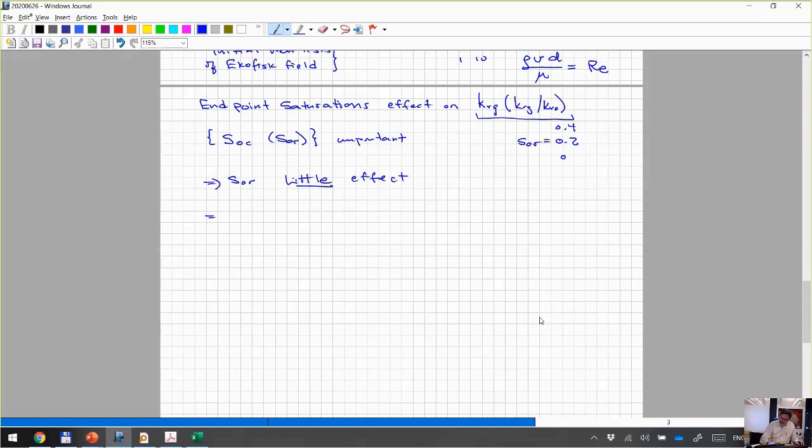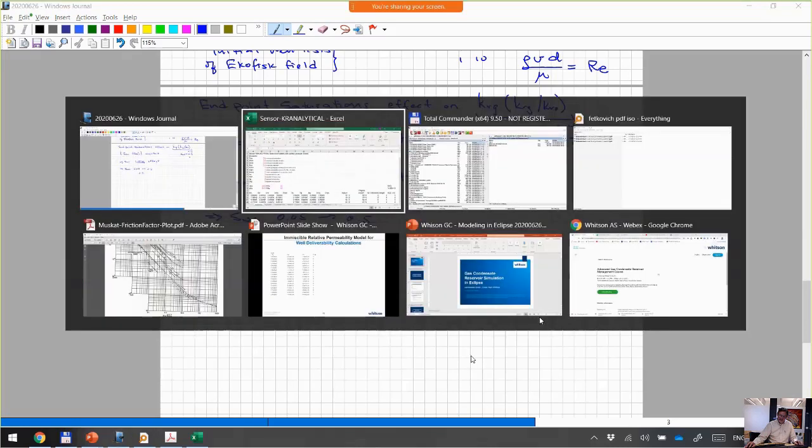Now we're going to look at SWC, which is the most common thing we use for normalization, because our connate water saturations might vary from 0.05 to as much as 0.5. Our default, our base case, is 0.2. So let's look at the range of SWC going from 0.05 to 0.5 and see how that changes.